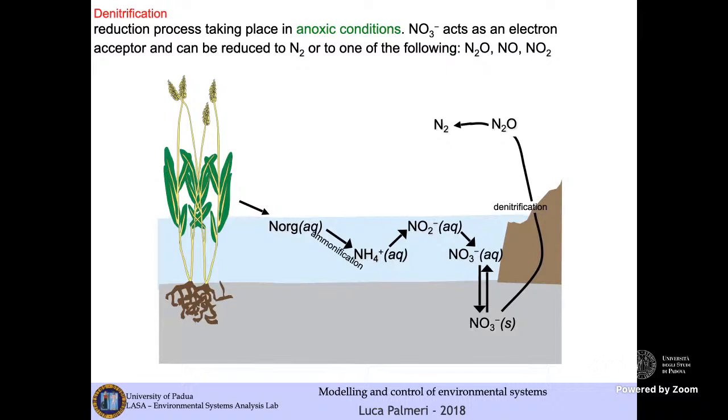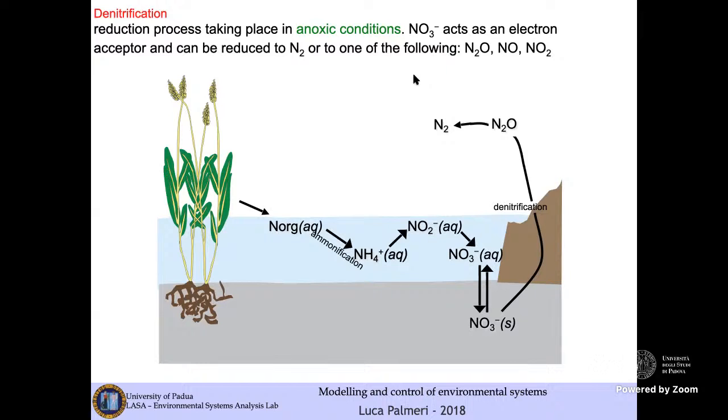Another important process involving nitrogen is denitrification. It is a reduction process taking place in anoxic condition. So you may recall that nitrification, the conversion of ammonia to nitrite and nitrate, is a process that takes place in presence of oxygen, while denitrification, that is the conversion of nitrate into gaseous nitrogen, is a process that takes place in anoxic condition.